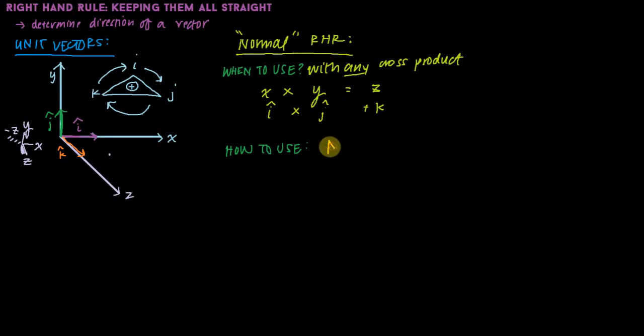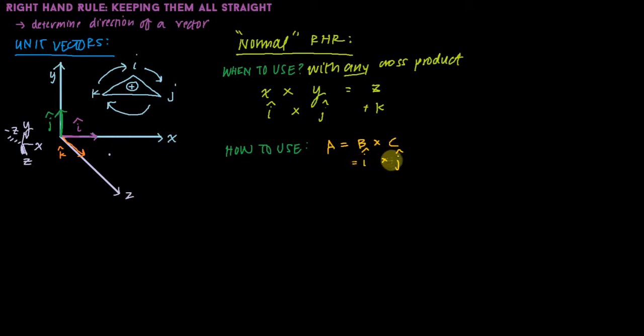So let's say that we need to figure out some cross product A equals B cross C. And just to get an idea of how this is going to be oriented, let's say that B has the direction of the I hat unit vector, and C is J hat, okay?